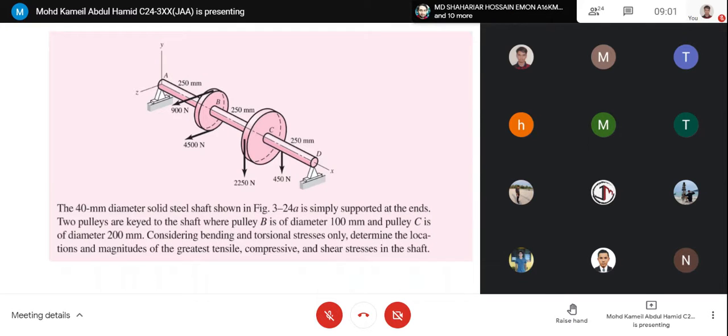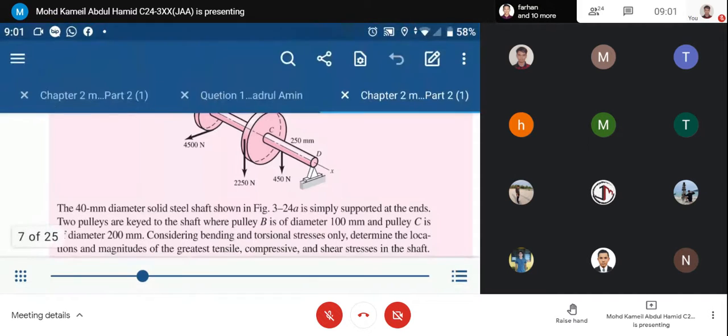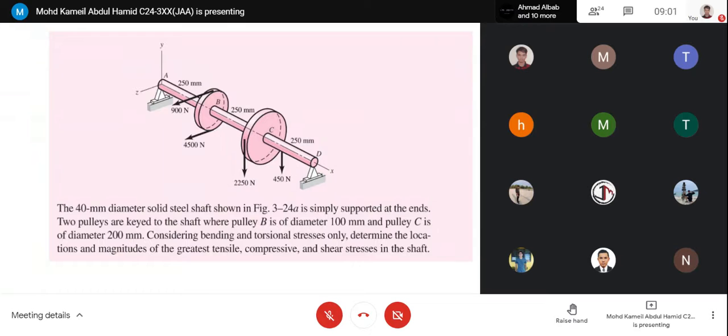You get the idea: the total torque at point B will be equal to the torque at point C. So T will be the tension, for example 4,500 at pulley B, minus 900, times the radius of pulley B. Then you get 180.